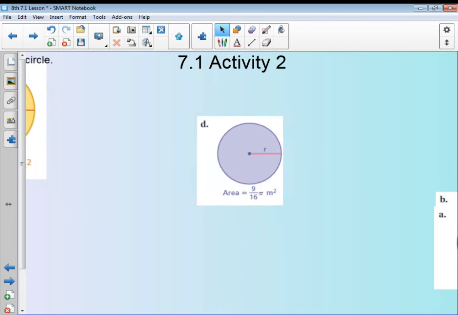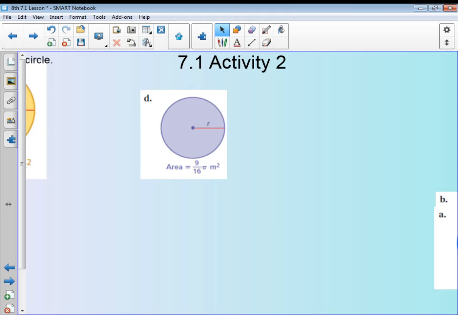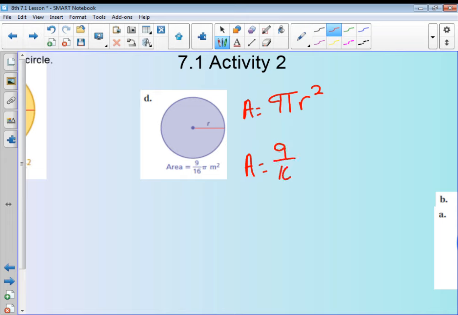And let's try D. So D, we're working with a fraction, so very similar to what we did before. Our formula is pi r squared, and we don't know r, but we know that our area equals 9/16 times pi. So that means this part is really 9/16.